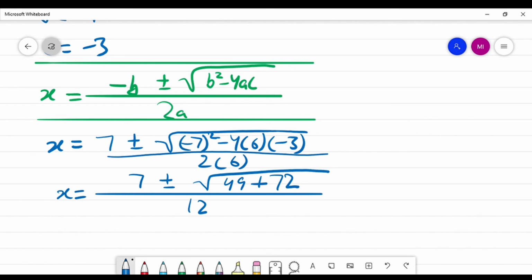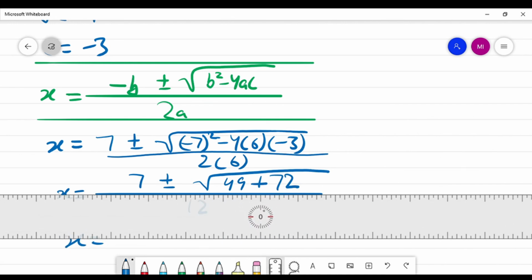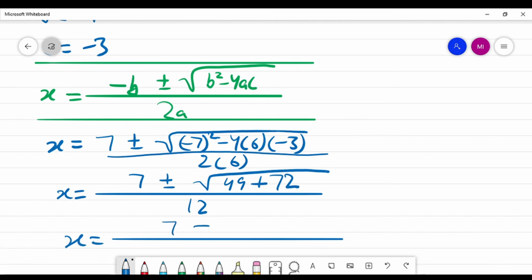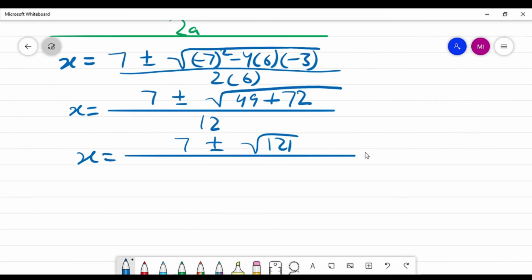Now, 49 plus 72 is 121. So x is equal to 7 plus minus under root of 121 divided by 12. So x is equal to 7 plus minus 11 divided by 12.